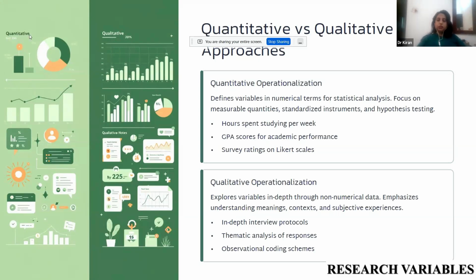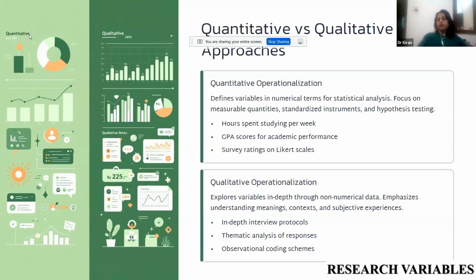What is quantitative specification? Number of hours spent studying, GPA scores, survey ratings. So this is the quantitative approach towards variables, when we try to quantify or numerically measure something which I am stating in my hypothesis.